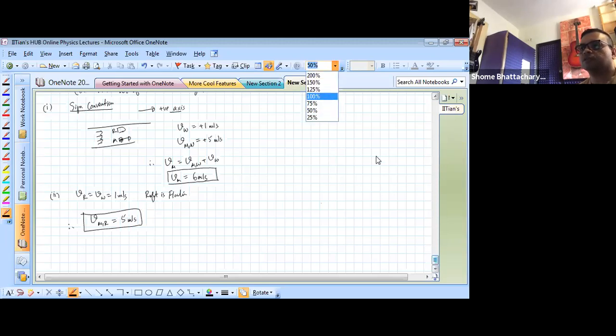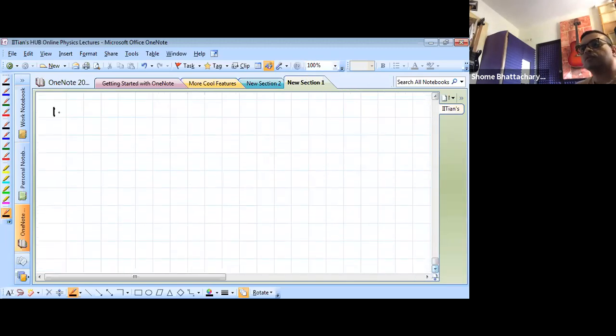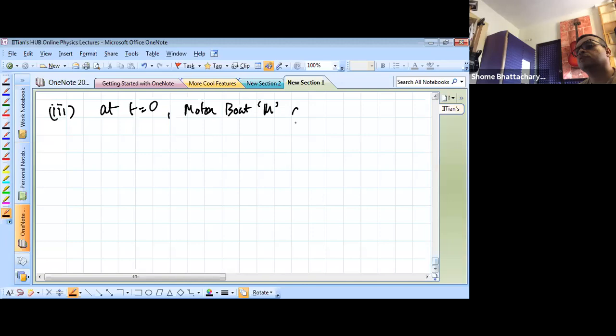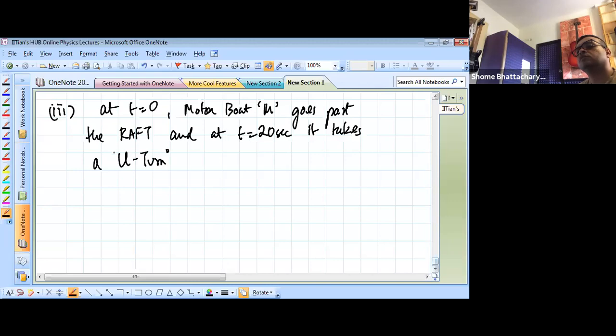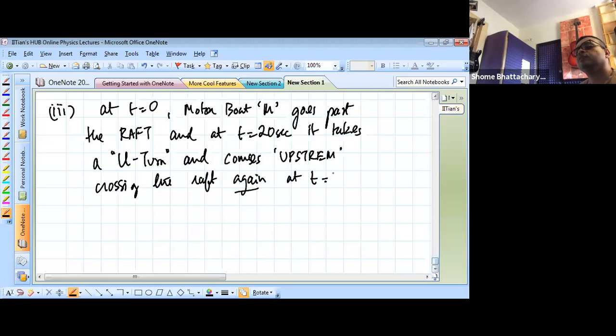So, let's come to another interesting part of the question. So now what happens is, third, okay, at t equal to 0, the motorboat goes past the raft, okay, and at t equal to 20 seconds, it takes a U-turn and comes upstream, okay, crossing the raft again at t equal to capital T. Okay.